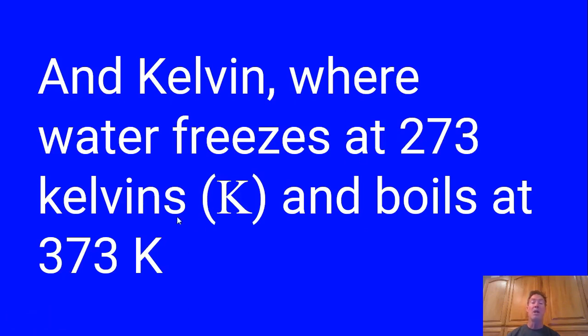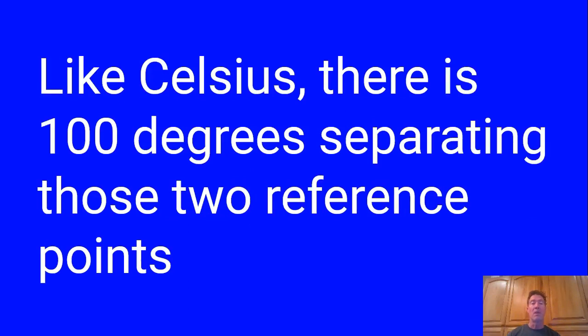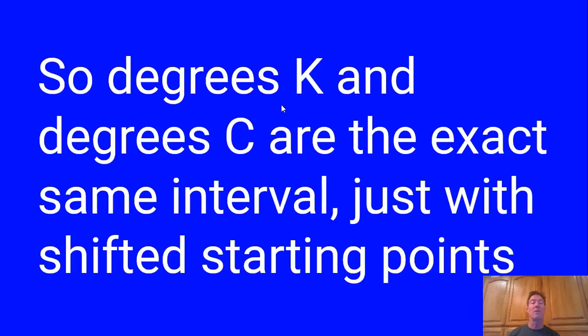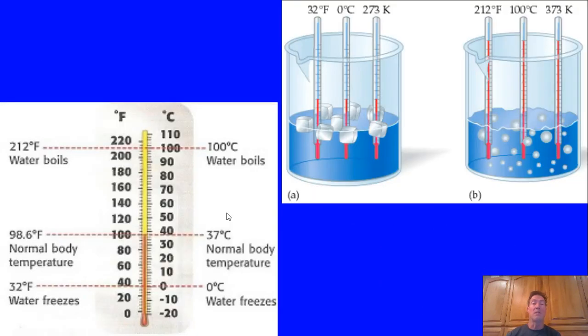There's 100 units or degrees between the freezing temperature of water and the boiling temperature of water, which means that the increments or the degrees of Kelvin are the exact same as the degrees of Celsius. Each interval is the exact same size. That's helpful. So, like Celsius, there's 100 degrees separating these two reference points. So degrees Kelvin and degrees Celsius are the exact same interval. They just have shifted starting points.